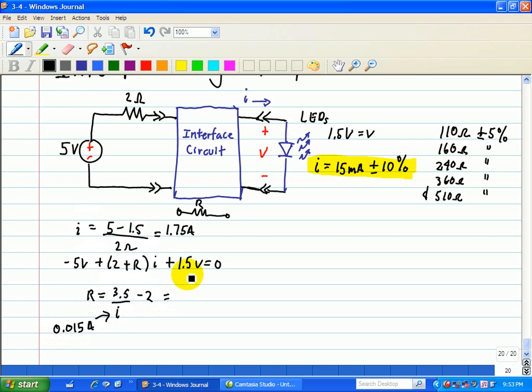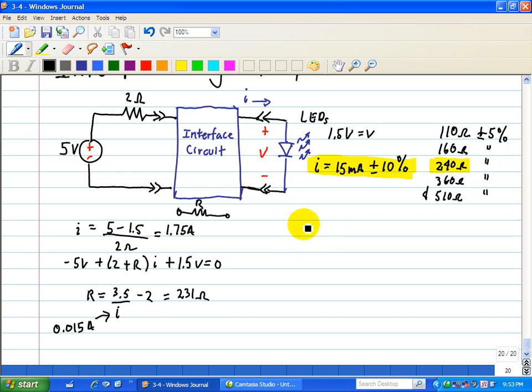Substituting that value in that equation for R, we have 231 ohms. Now, the nearest standard value listed is shown here to be 240 ohms, with a plus or minus 5% tolerance.